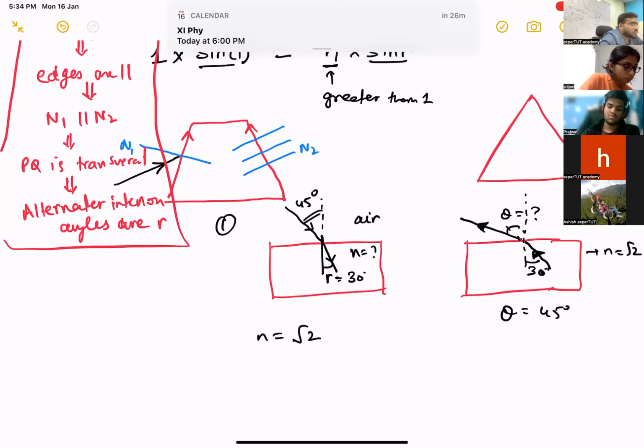Therefore, when light enters from rarer to denser medium, the path taken by it is simply retraced in the reverse direction when it goes from denser to rarer medium.